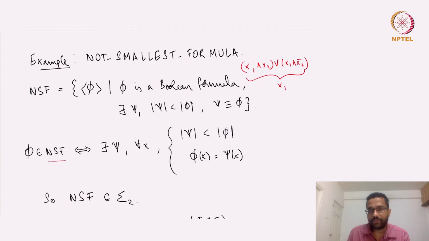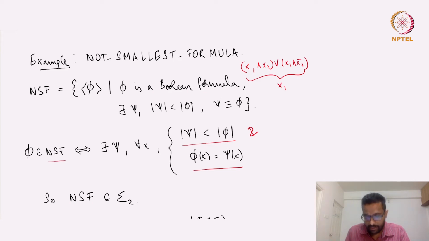And moreover, psi should be smaller than phi in size. So two things: one is that psi should be smaller than phi, and for all x you want phi and psi to evaluate the same. So this is the logical representation of phi being in NSF.